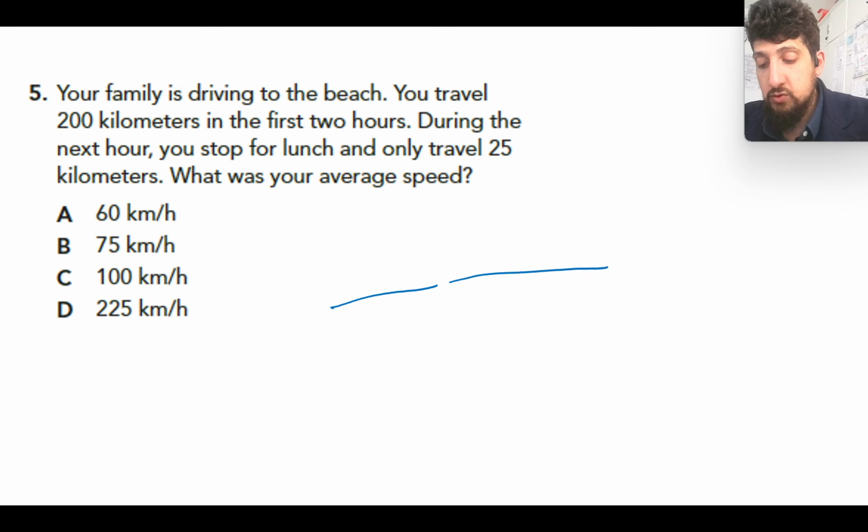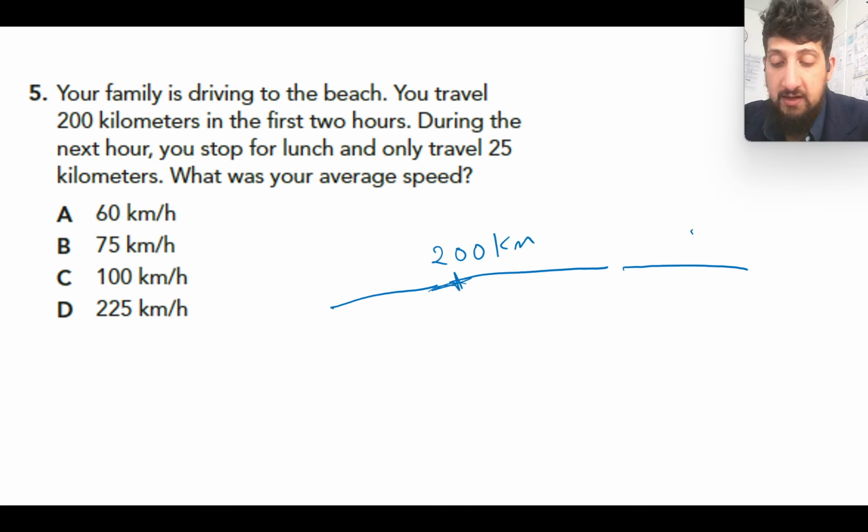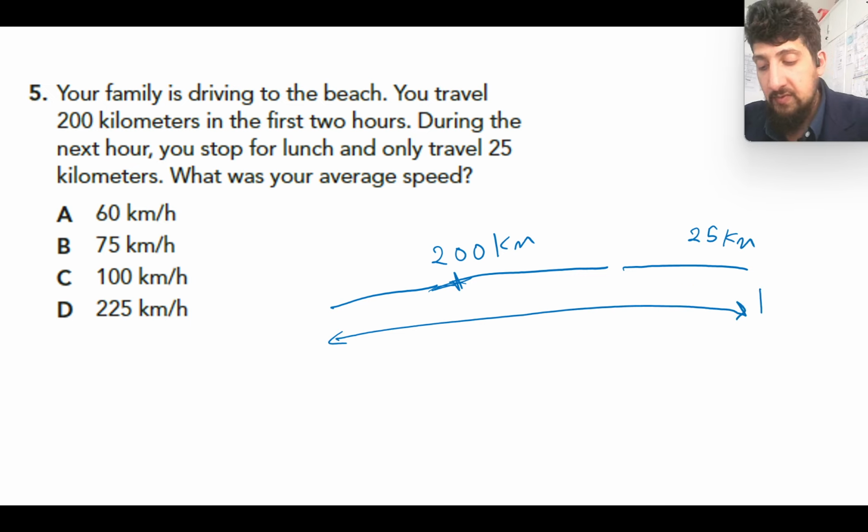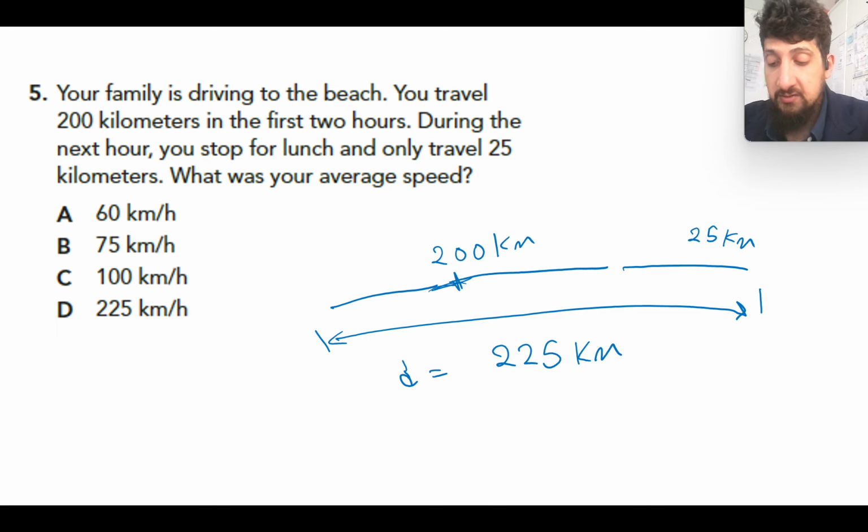1, 2, 3 hours. During the first 2 hours, I traveled 200 kilometers. Whilst the last hour, I only traveled 25 kilometers. So the total is going to be 225 kilometers. That's the total distance.